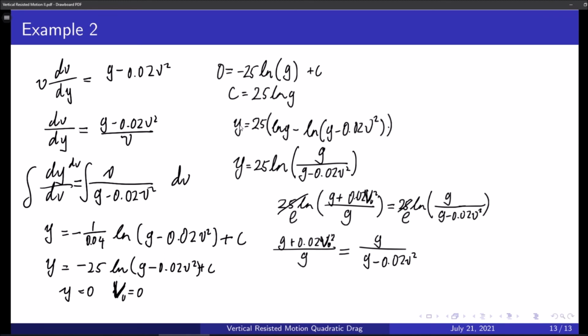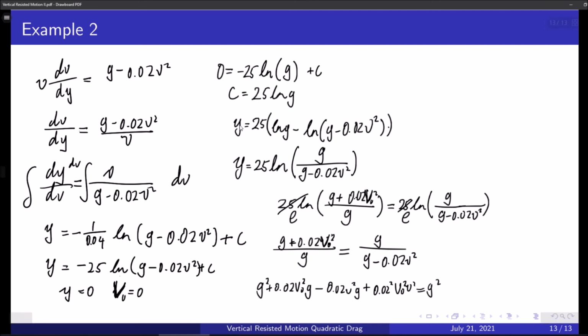Of course we can multiply them, and we end up with g squared plus 0.02 v naught squared g minus 0.02 v squared g minus 0.02 squared v naught squared times v squared, which should equal g squared.